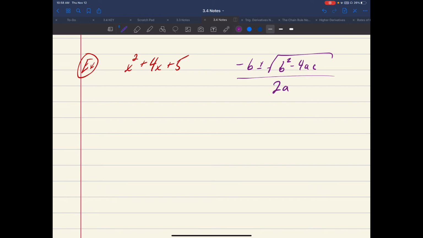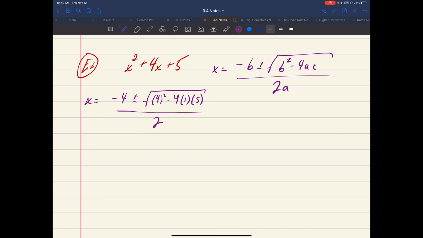So I'm just going to run this through the quadratic formula. So x equals negative 4 plus or minus the square root of 4 squared minus 4 times 1 times 5, all divided by 2 times 1.